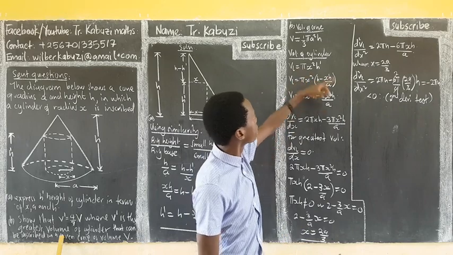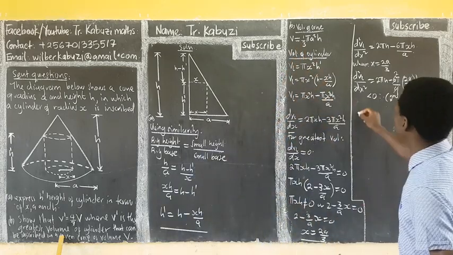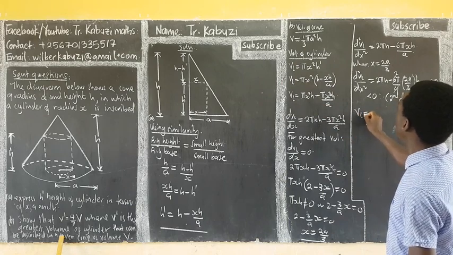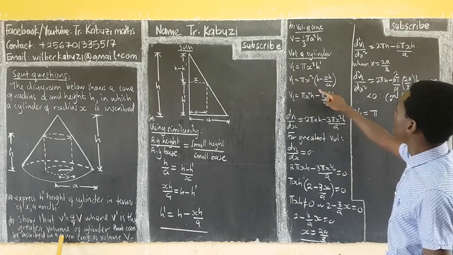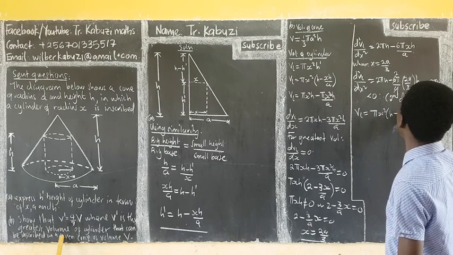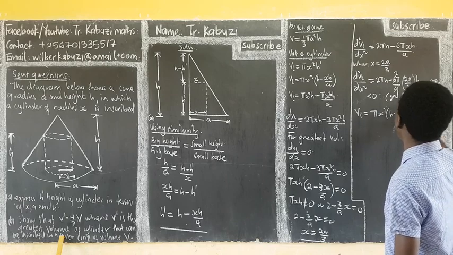Now the volume V equals pi x squared into h minus x h over a.